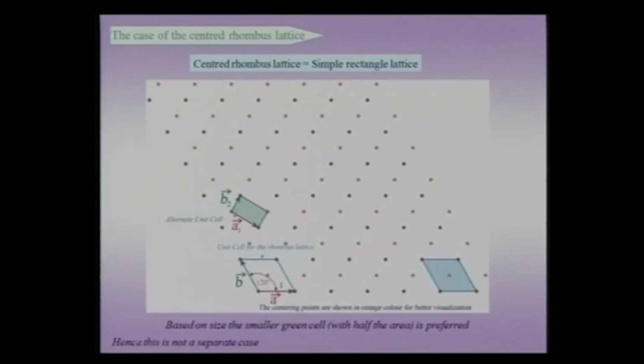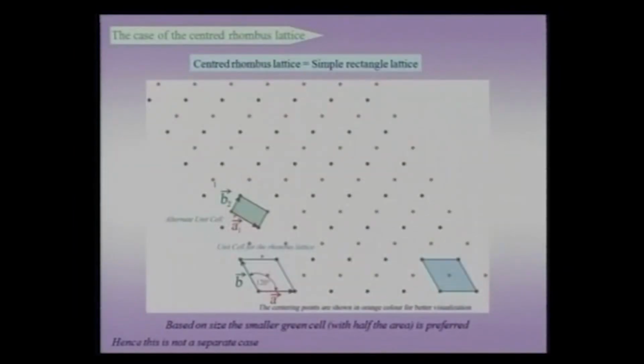So clearly the centered rhombus lattice has no independent existence. It is nothing but a simple rectangle lattice viewed in a different way. So based on the surrounding criteria, you see that this is a simple rectangle lattice.